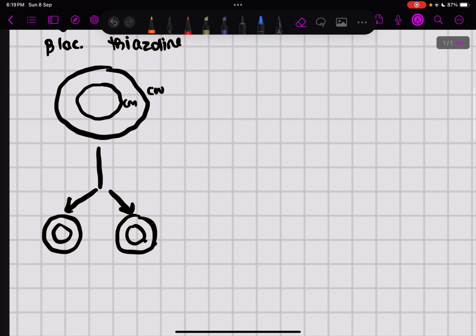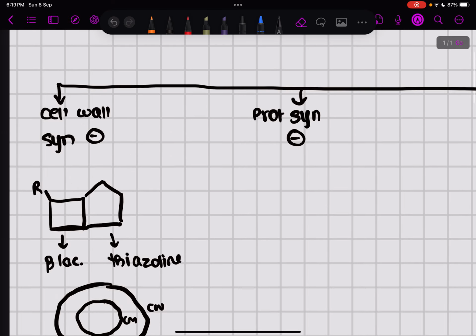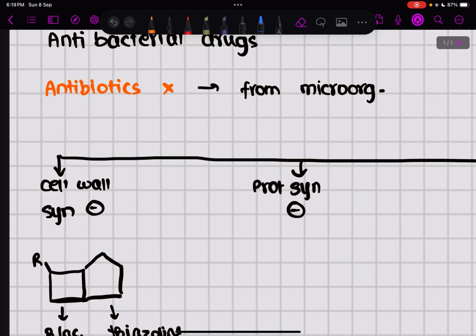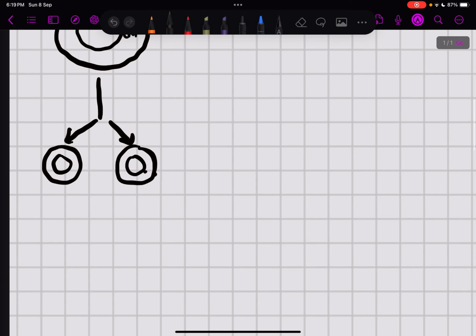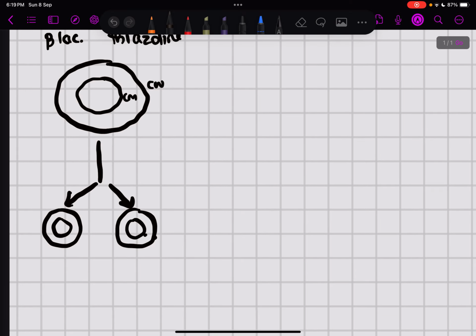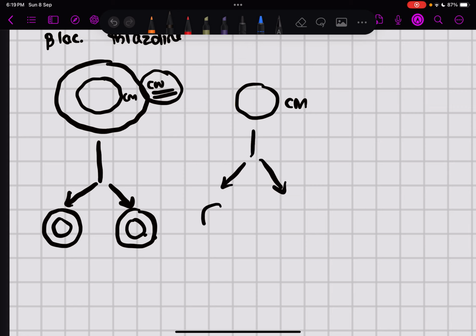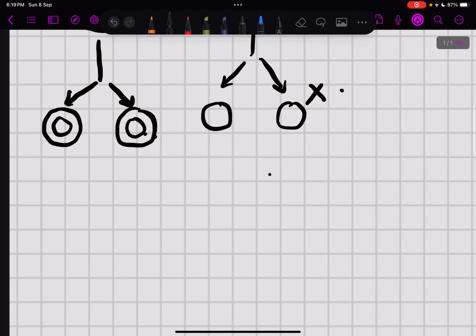But what these cell wall synthesis inhibitors do is, they make the cell wall go away, and now we have only the cell membrane. It is not able to replicate and it will not survive, because when there is no cell wall, all water and everything from the environment, which is hypotonic, enters into it.